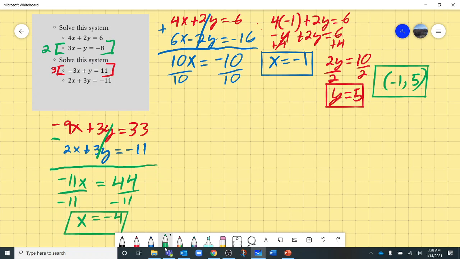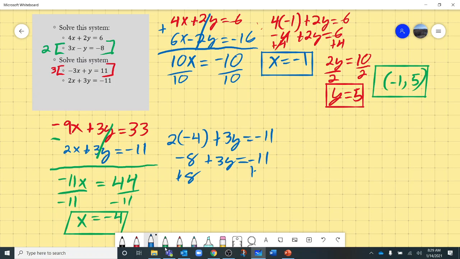I'm going to plug that back into, let's plug it into the second equation. So we have 2 times x, instead of x we're putting in negative 4, because it's the same thing, plus 3y equals negative 11. 2 times negative 4 is negative 8. Plus 3y equals negative 11. Add 8 to both sides.